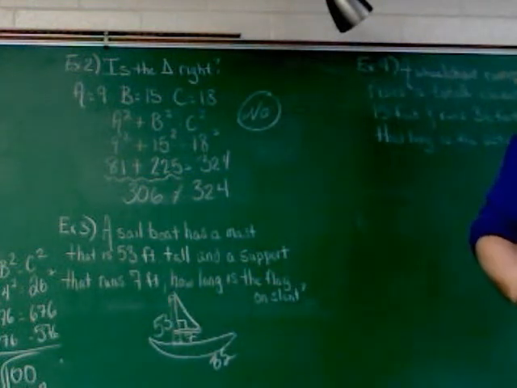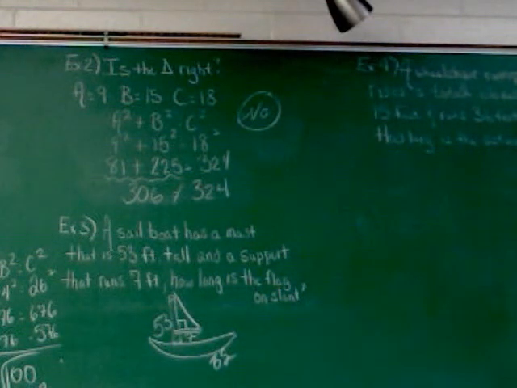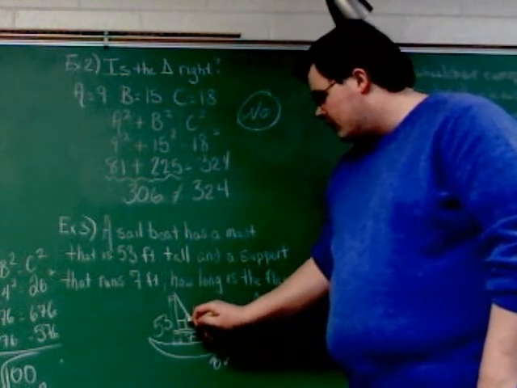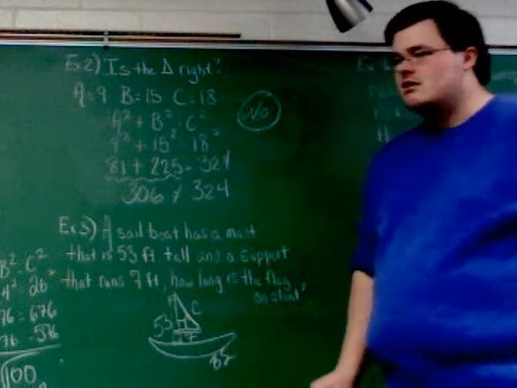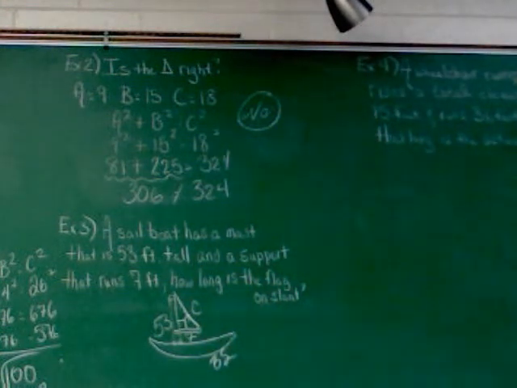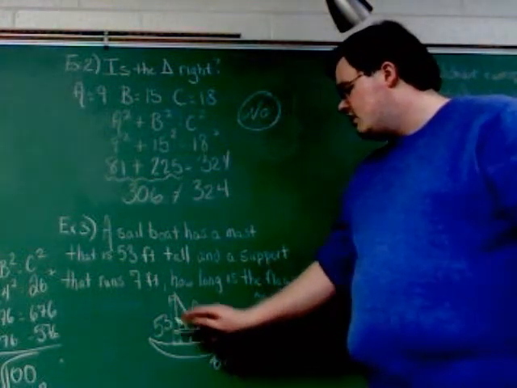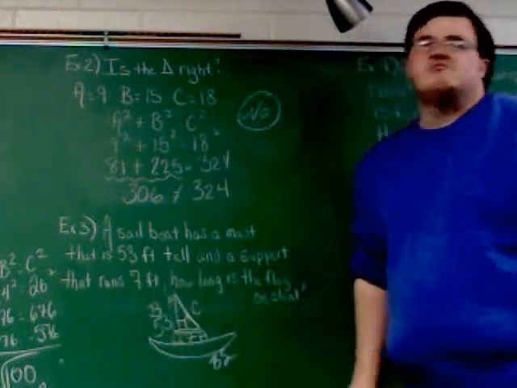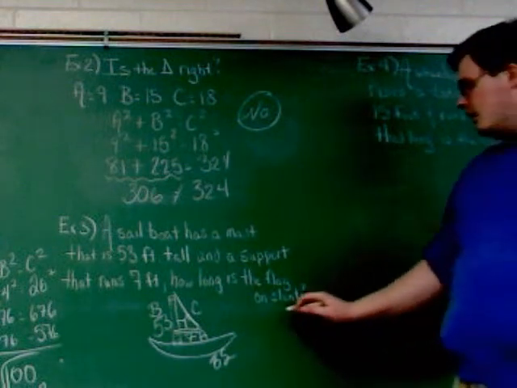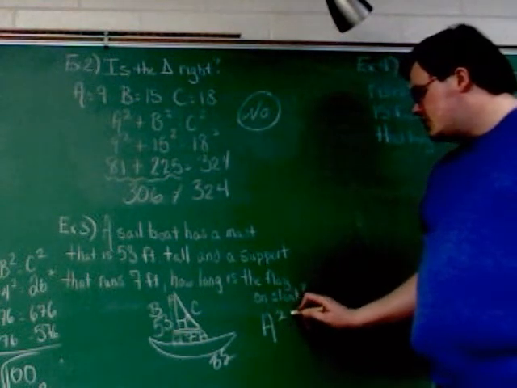Remember, the side that's across from the right angle is always the mystery C. So if I go across from it, I run into that, that's C. So, if C is the mystery, that means I know A and B in this problem. So, I can pick which one I want to call A and which one I call B. So I'm just going to call 7 A and 53 B. It's just a choice.